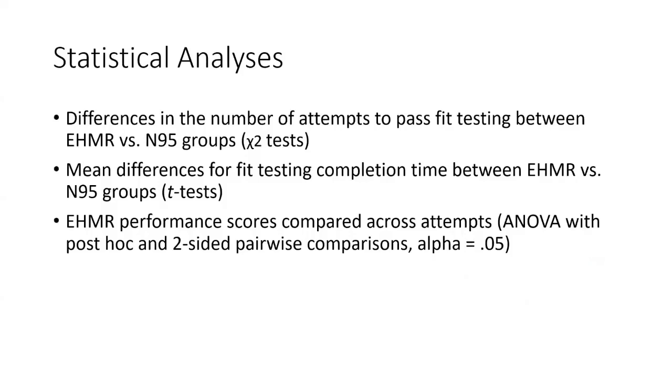For the statistical analysis, we examined differences in the number of attempts to pass fit testing between the elastomeric and the N95 groups. We also examined mean differences for fit testing completion between the elastomeric and the N95 group. For the elastomeric group only, we examined performance scores across the 3 attempts.